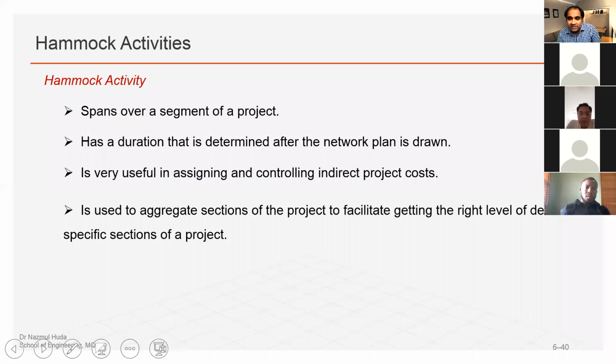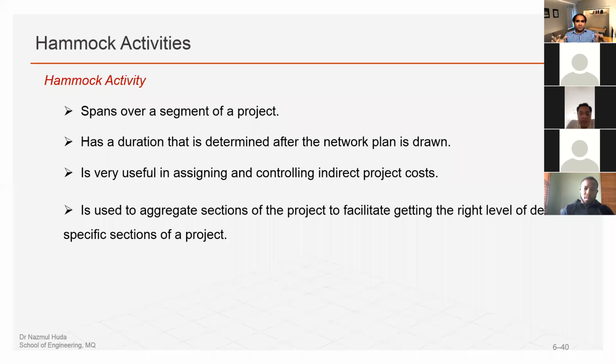This is another one, which is a hammock activity. A hammock, as you can see from the name itself, is an activity that will not affect the total chain, but it will act as a type of hammock. So say, for example, the consulting work, or the auditing process.